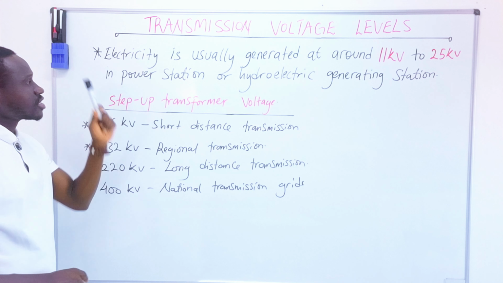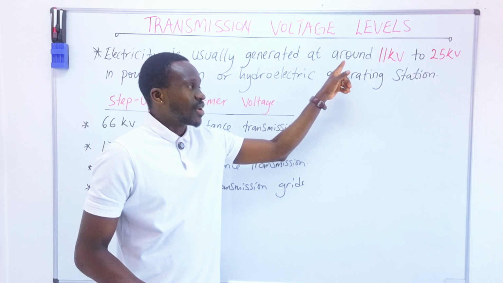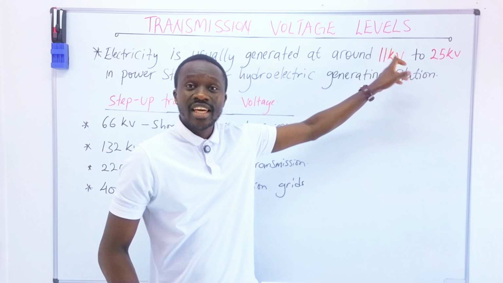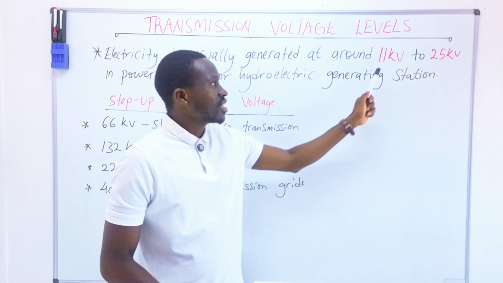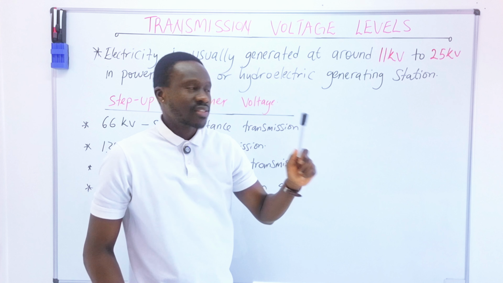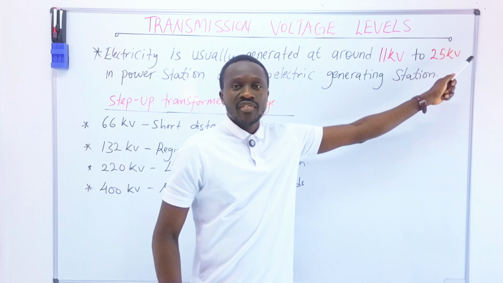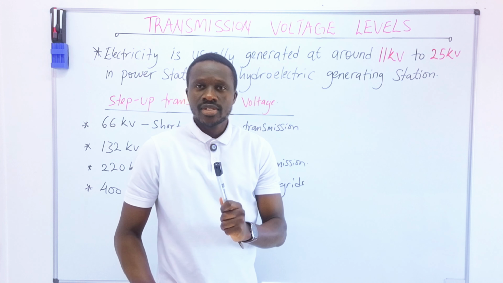Now we are saying electricity is usually generated at around 11 kV. 11 kV, we mean 11,000. K stands for thousands. 11,000 volts to 25 kV, 25,000 volts.